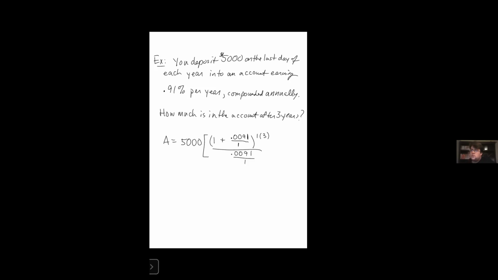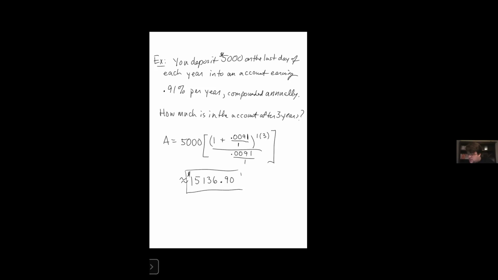You technically don't have to write the dividing by ones, but I will for this example to follow. But in your homework, if it's a 1, you don't have to write it in the worksheet. And this is approximately equal to $15,136.90.